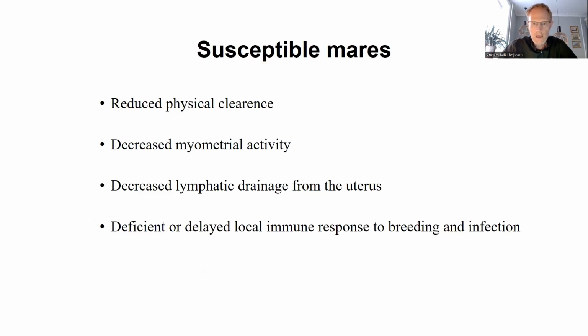If we focus on the uterine aspects, on these mares that are susceptible to infections, what characterizes these mares is the reduced capacity to clear the uterus, predominantly due to decreased myometrial activity, but also decreased lymphatic drainage, because the lymphatic vessels do not have a muscle layer, and then they are dependent on the myometrium to help clear the lymph system.